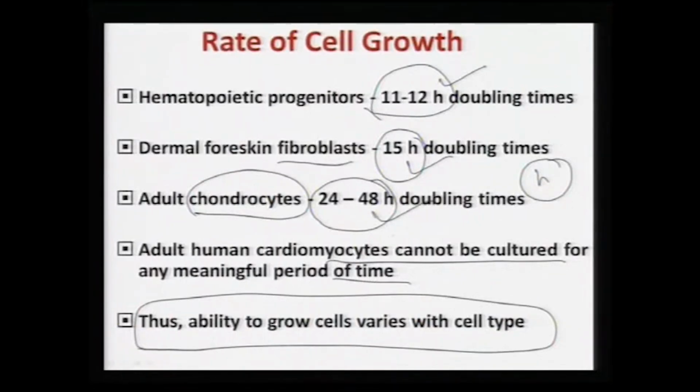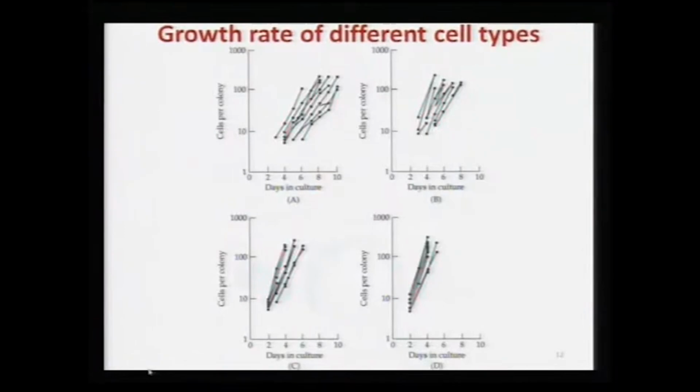Now, this is again just to show you that if you culture the cells in a particular culture medium, the growth rate is also different depending on the type of cells. I have not put the different cell names here. What it shows here, A, B, C, D, different graphs, they are obtained with 4 different cell types, and you can see qualitatively the graphs are similar because cells per colony increases with time in the culture.